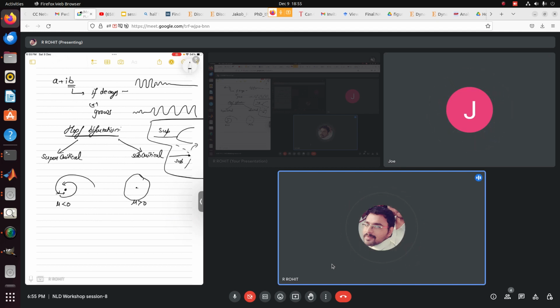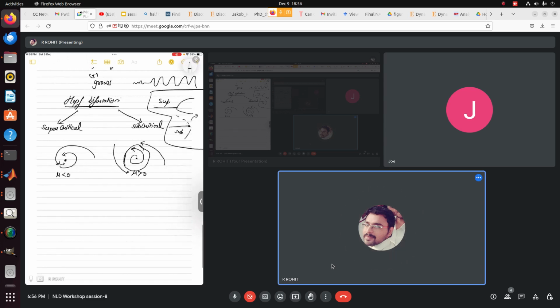So from a fixed point, it eventually goes to limit cycle oscillations, and any condition outside will come towards this limit cycle. So a Hopf bifurcation is basically when you have a fixed point or a stable operating condition, and from there your system gradually grows to limit cycle oscillations. This growth is what you call supercritical Hopf bifurcation.